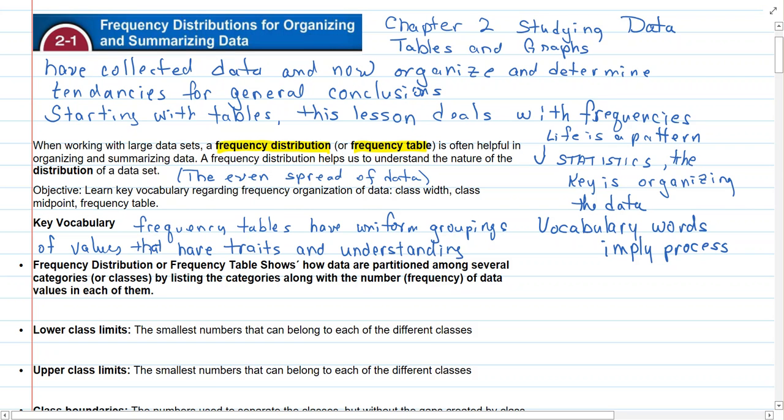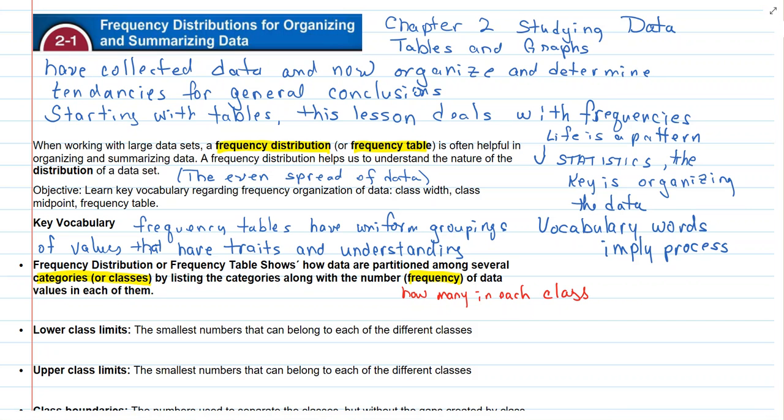So, what are these things? Well, a distribution is a partition of categories that are known as classes, by listing the categories along with the number of frequency, how many, there are in each of the classes.